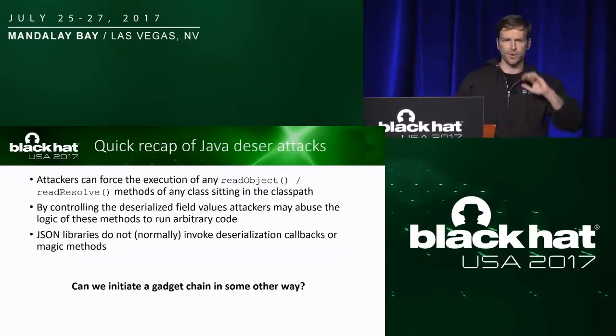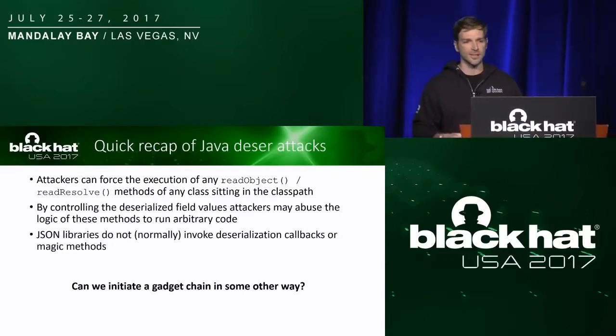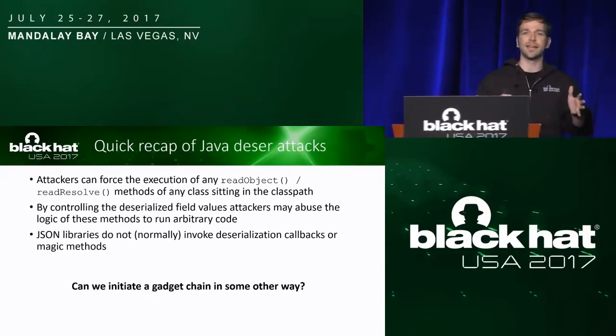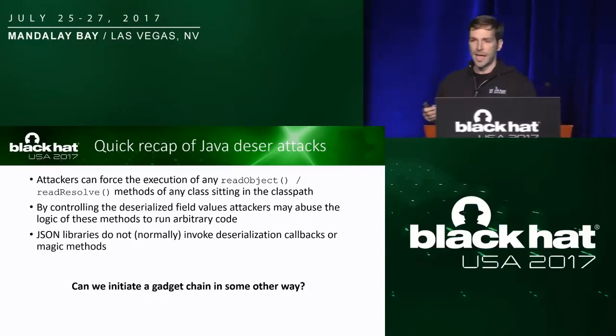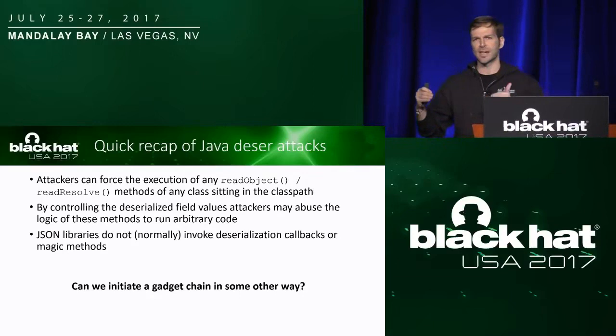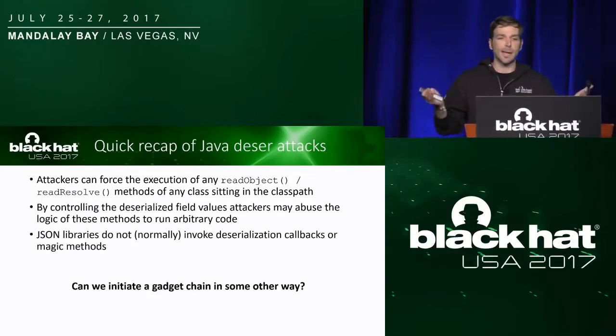So, a very quick recap on how attackers were able to get arbitrary code execution with Java deserialization attacks. Basically, they were sending a stream of untrusted data to the deserializer, to the vulnerable endpoint. This data contained some type discriminators, which are nothing else than the class names for some arbitrary types that the attacker could control.